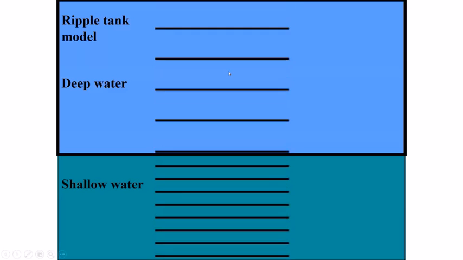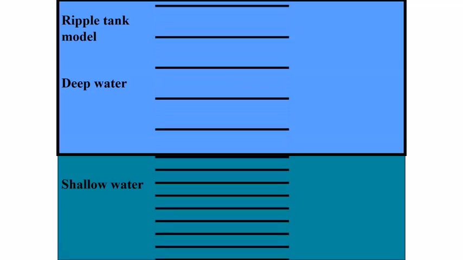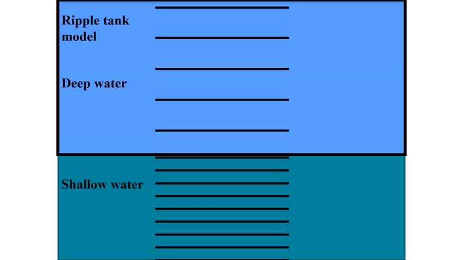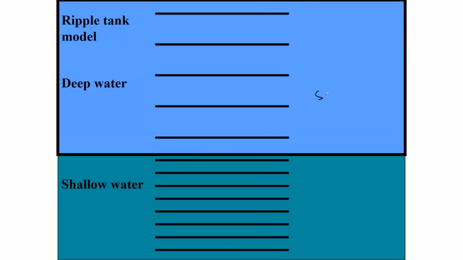So when the wave travels from the deep region to the shallow region, what do we observe? We observe that the speed decreases when moving from deep to shallow region, and the wavelength also decreases.